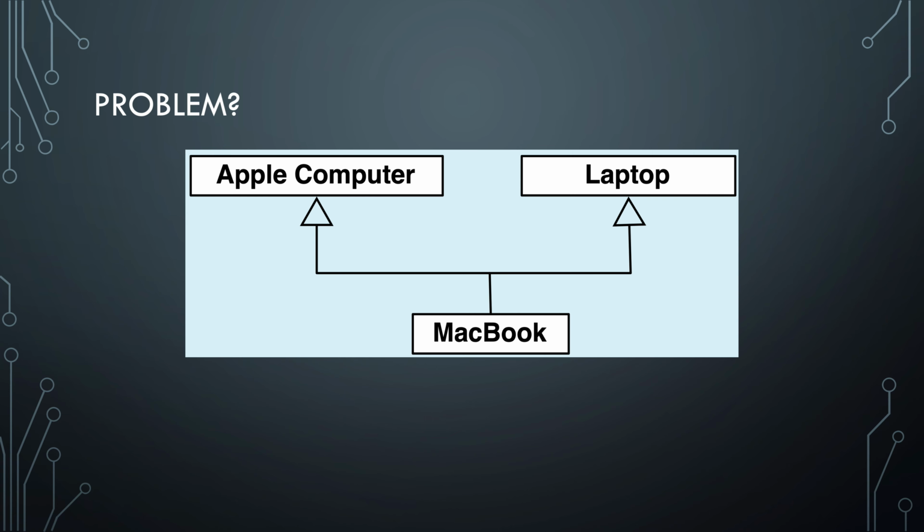For example, what is the problem with this UML diagram? MacBook inherits from both Apple computer and laptop. Most languages forbid multiple inheritance.